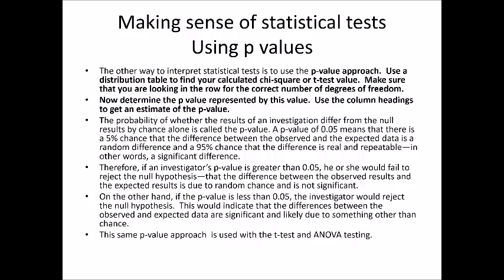This same p-value approach can be used with t-test and ANOVA testing. P-values less than 0.05, we're going to reject the null hypothesis. There is a statistical difference. P-values greater than 0.05, we're going to fail to reject the null hypothesis, and this means there's a good chance that the differences between our groups are due to chance.